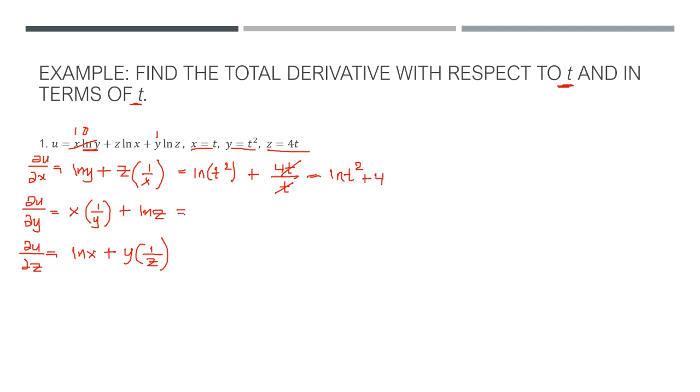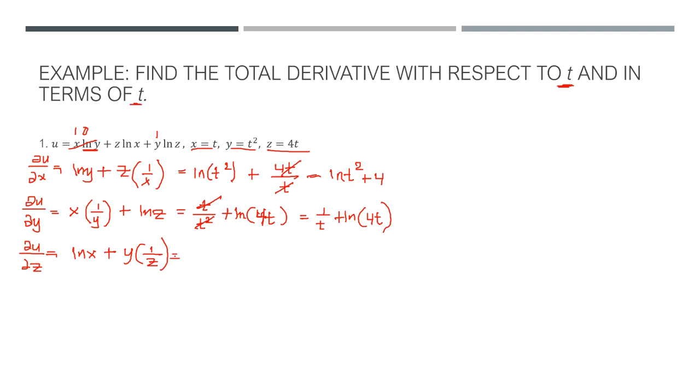Okay, the next one is substituting the values of x, which is t, over y, which is t squared, plus ln of z, which is 4t. So cancel 1t from the numerator and the denominator. So we have 1 over t plus ln of 4t.